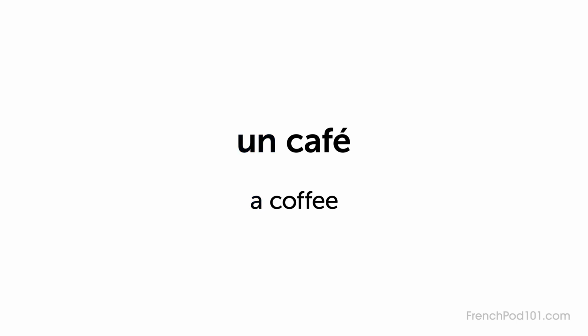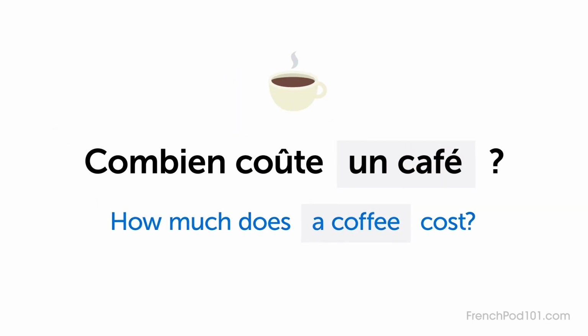Un is masculine and singular to agree with Café. Ask, how much does a coffee cost? Ready? Combien coûte un café? How much does a coffee cost? Combien coûte un café?